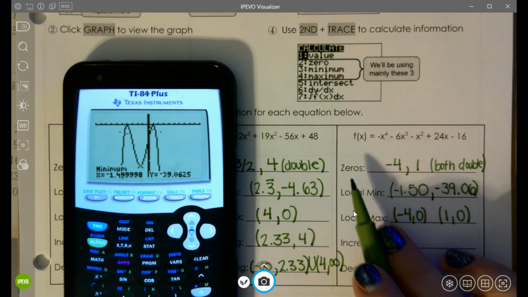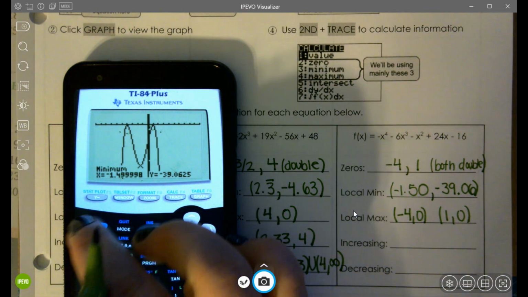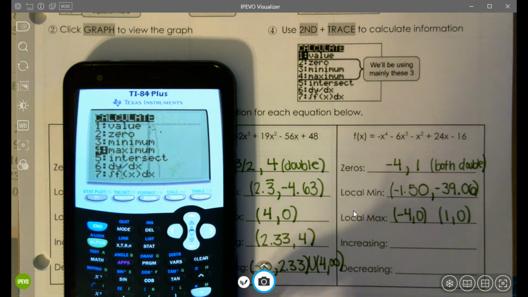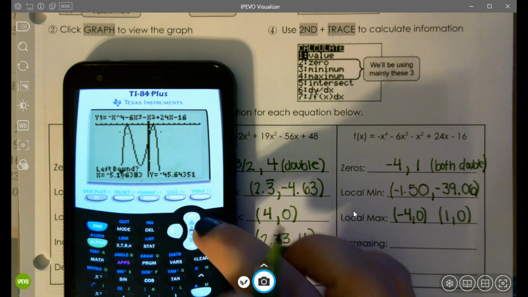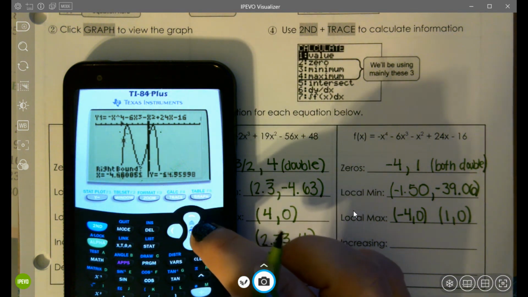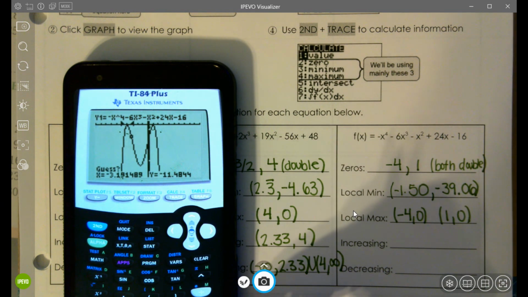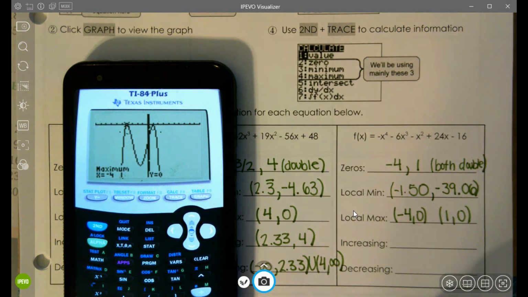That's the whole point of finding zeros. If you want proof, I will find one of them for you. Maximum. Going to go over very far to the left. See them over there. Hit enter. Go to the right. Hit enter twice. Make sure it doesn't say guess, but it actually says maximum. -4, 0.